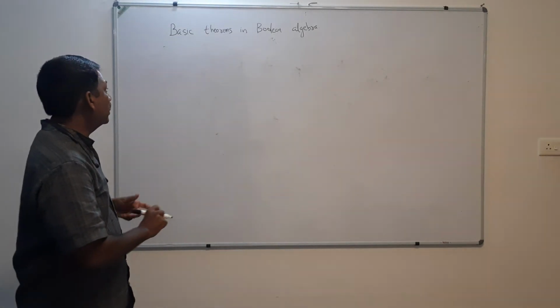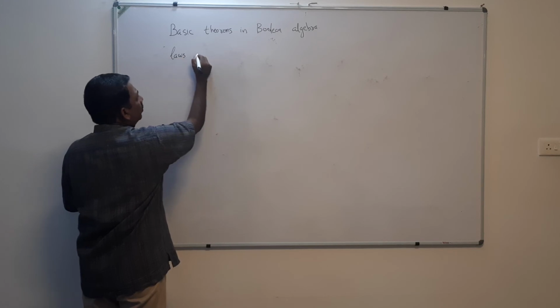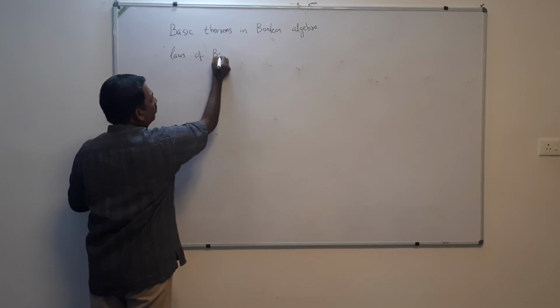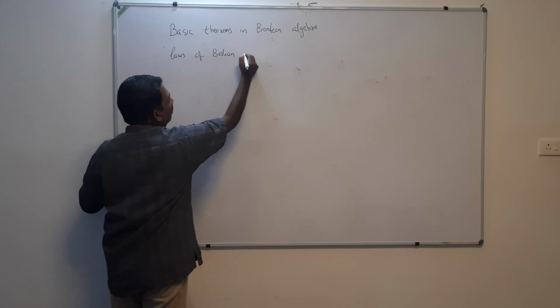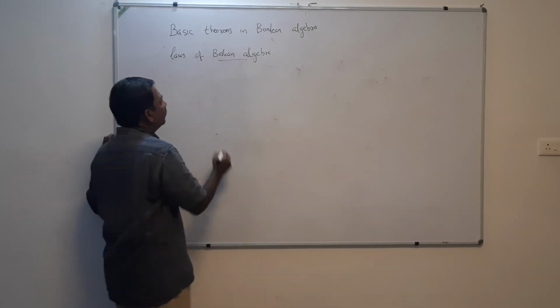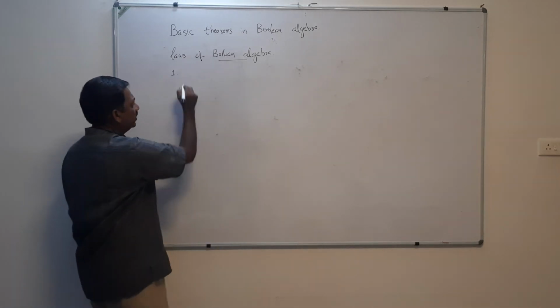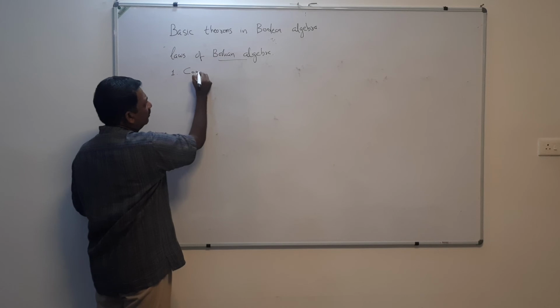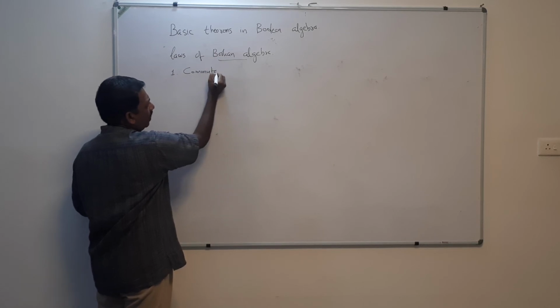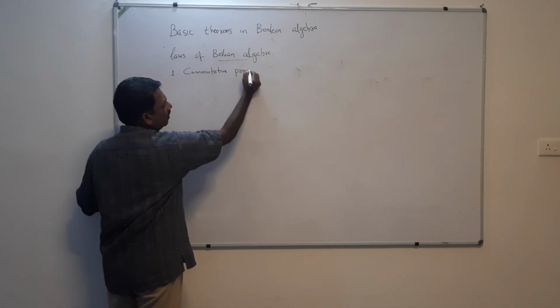Now we are going to discuss the laws of Boolean algebra. The first law, we are going to check whether it is commutative. That means commutative property.